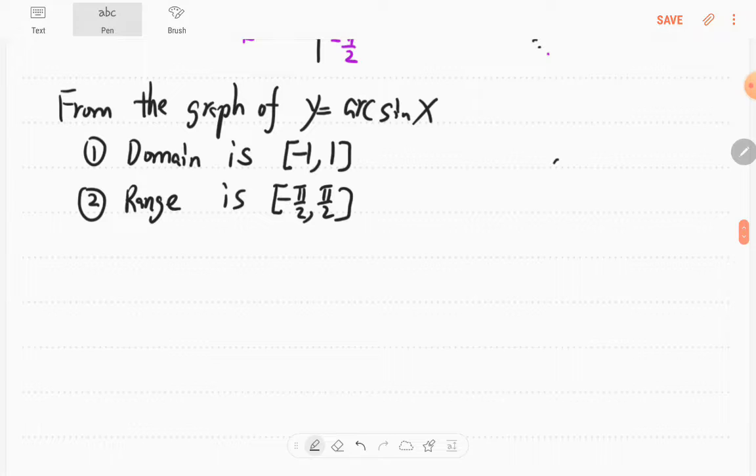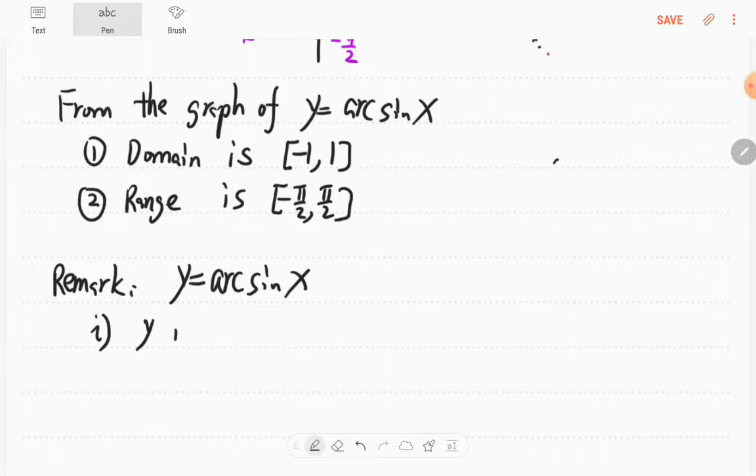Okay, so let's look at the remarks for y equals arc sine x. The first thing is this y is an angle. In other words, the inverse trig function represents an angle.